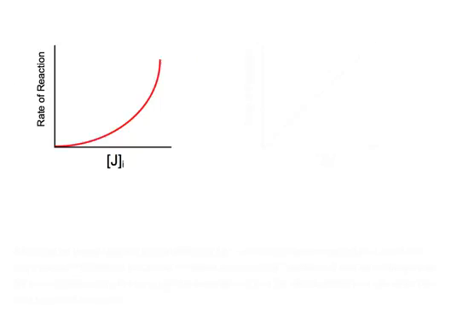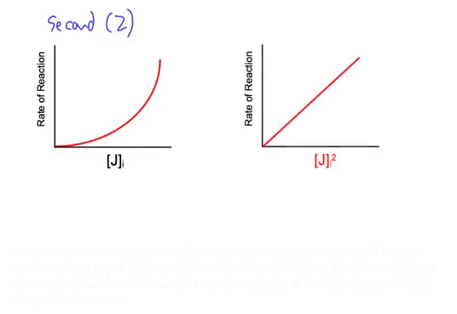Now this is a curve that gets generated quite a lot, and it's actually a second order reaction. So exponent is 2. Now we can't get a constant of proportionality from that curved line. So what if we graphed concentration of J squared? Well, lo and behold, we get a straight line, and so that's how we generate our constant of proportionality.